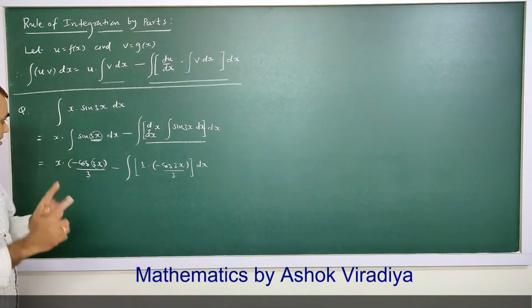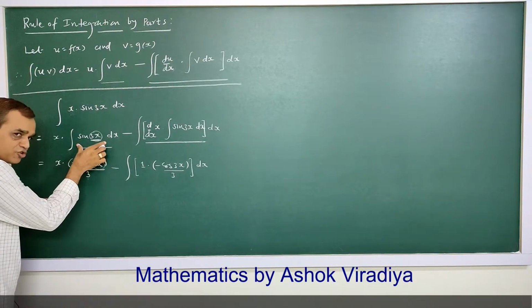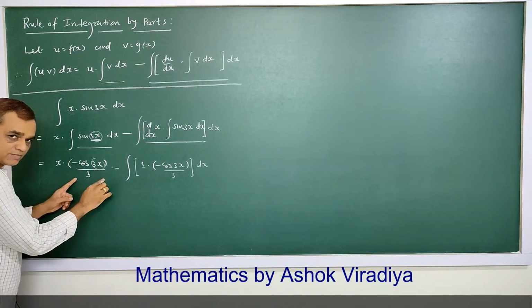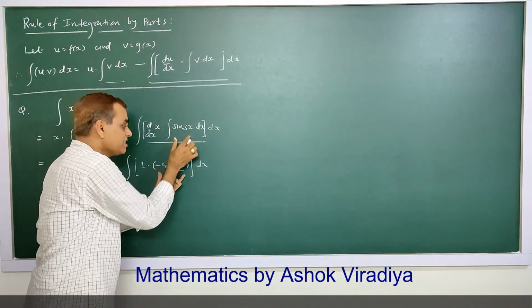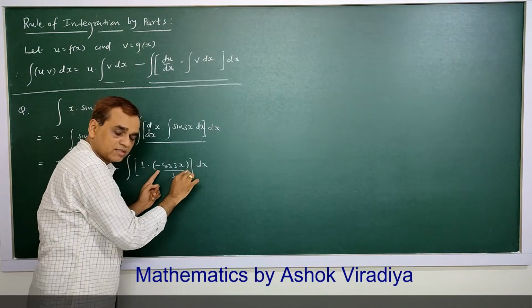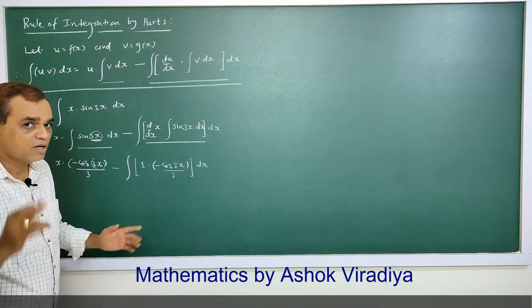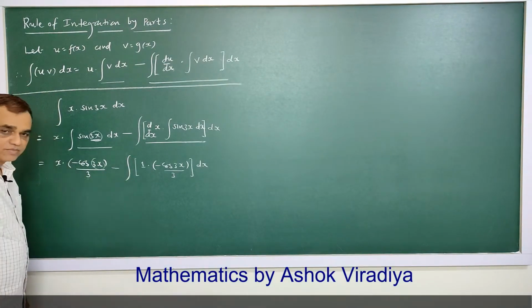Now see, when we are putting the integral of the second function, we do not put plus c here. See here also, when putting the integral of sin 3x, we do not put plus c. Plus c is put at last when you remove the last symbol of integration.